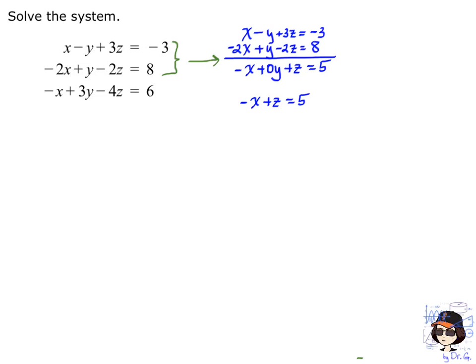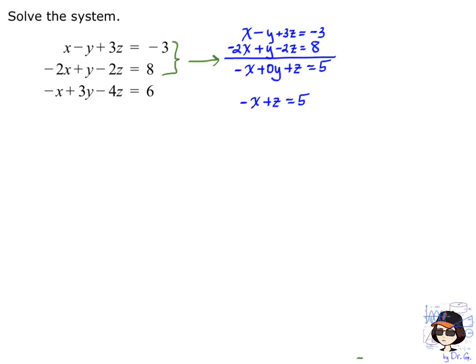What we need to do is get another equation out of the original system of three equations, another equation that just has an x and a z in it. So let's go back to the original three and take a different pair of equations. We already used the first and the second, so now we can either use the first and the third or the second and the third to eliminate the same variable.